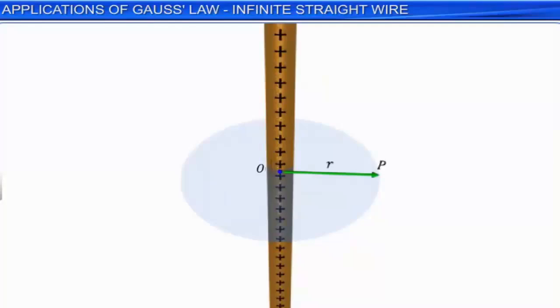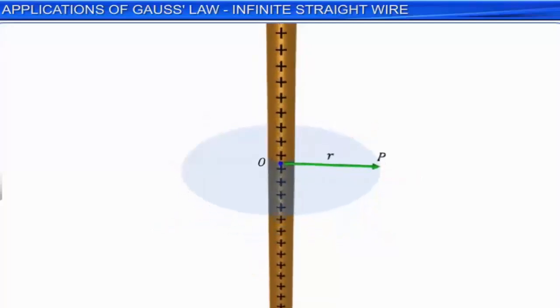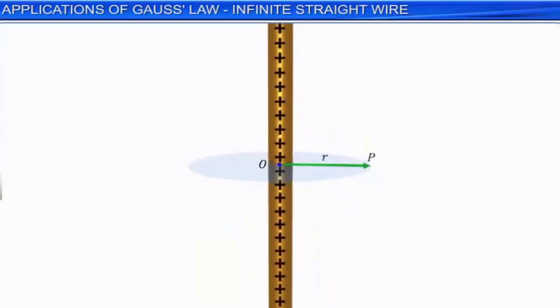The direction of the field at any point on the circle is always radially outward. The fact that the electric field strength at any point is directed radially outward can be understood by considering two small elements of the wire at equal distances from O on either sides of it, as shown. Let the element at the point above O be A, and the element at the point below O be B.